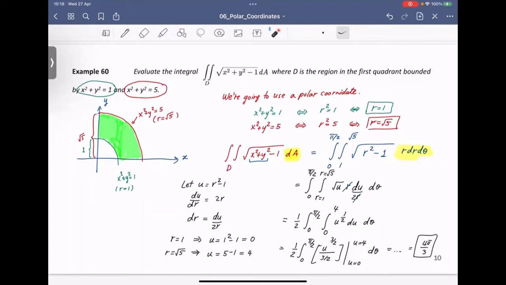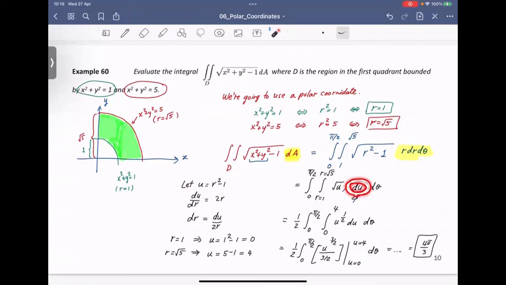Okay, now I think I see a question in the chat. Some of you have a hard time with the substitution here because you asked me why do I need to switch r equal to 1 to u equal to 0. It's because now my variable is switched from r to u because I do the u substitution. So the dummy variable that I use now is this u.